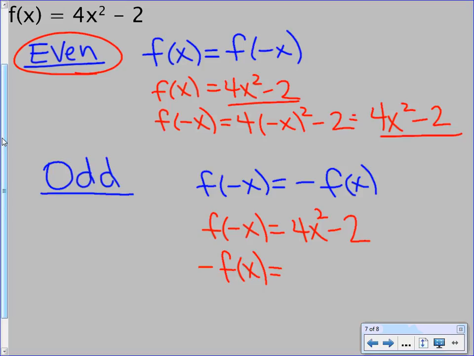The negative has to go to the whole function, not just the 4. So that negative has to be applied to everything as a whole. If we put a negative out in front of the function, we actually get negative 4x squared plus 2.